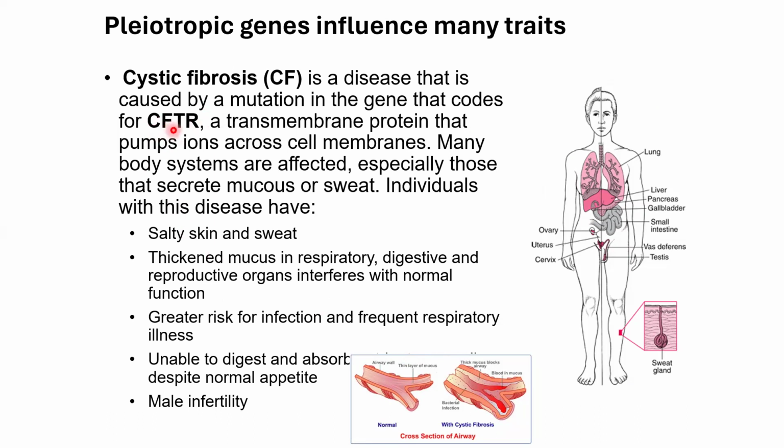This gene plays a role in the mucus and sweat secreting areas, so our skin becomes salty. There's thickened mucus in the respiratory, digestive, and reproductive organs, and a greater risk for infections and respiratory diseases.